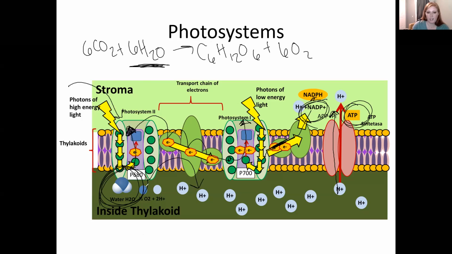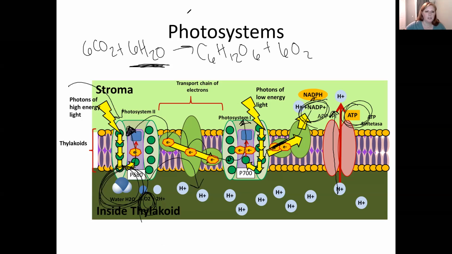Well, that's because right here, water is actually split. When water is split, we get our oxygen, but we also get our hydrogens that have their 1 electron, 1 proton. It's the reverse of what happens at the end of the electron transport chain in cellular respiration. Okay, so we're going to take water apart. When we take water apart, we get our oxygen gas, and then we get the electrons that are sent and the protons, which are part of this transport chain.